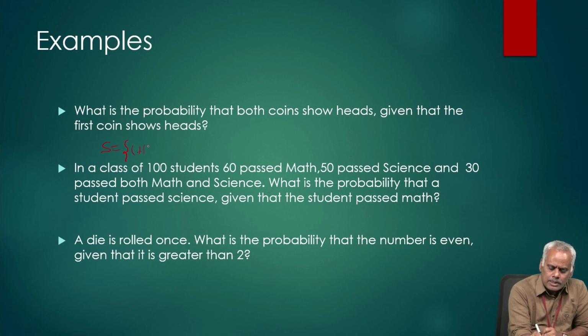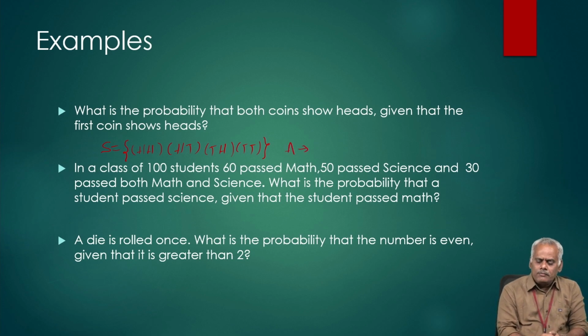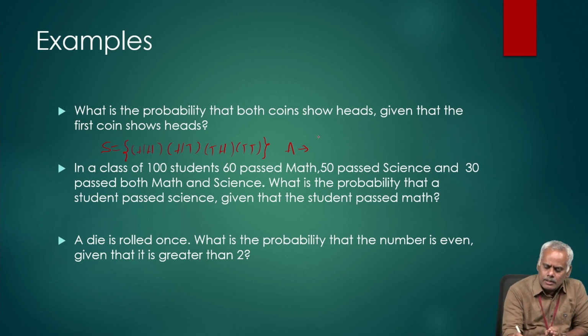That is, HH, then HT, TH, and TT. So this is the sample space. Now consider event A as the first coin shows head. So favorable events are HH and HT.